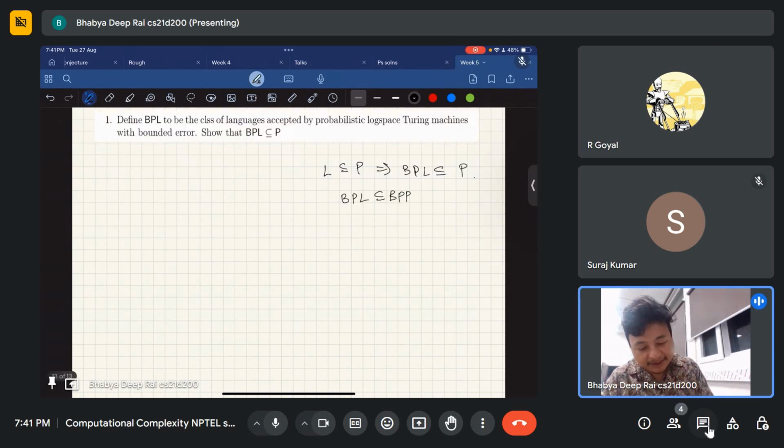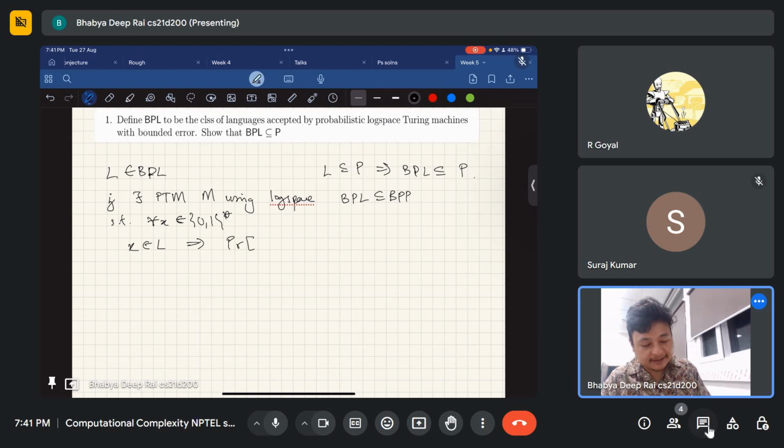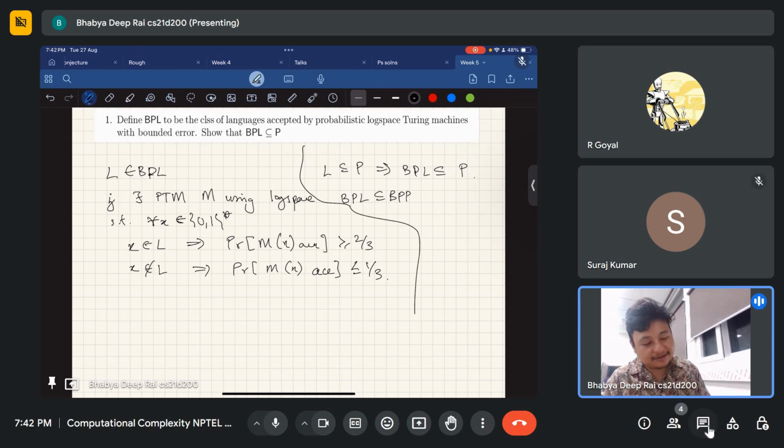L is in BPL if there exists a probabilistic Turing machine M using log space, such that for all x in {0,1}*, if x is in the language, then the probability that M accepts x is greater than 2/3, and if x is not in the language, then the probability that M accepts is less than 1/3. So this is the same definition, only changes to log space.